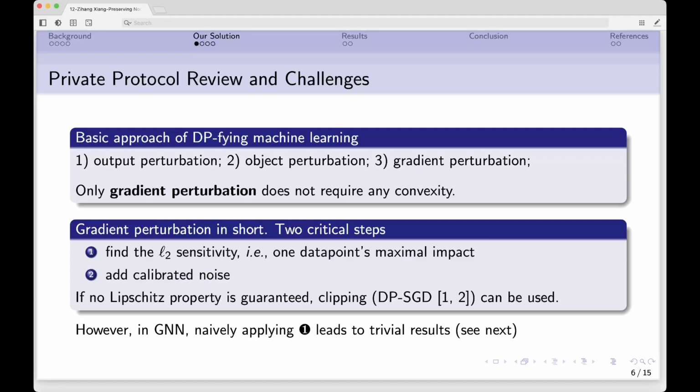Then the second step is to calibrate the random noise according to the sensitivity and privacy budget. In the first step, if the gradient has no Lipschitz property, we can just use clipping, which is exactly the DP-SGD protocol. So what about our problem? If we naively apply step 1, we will only get trivial results. Let's see why.